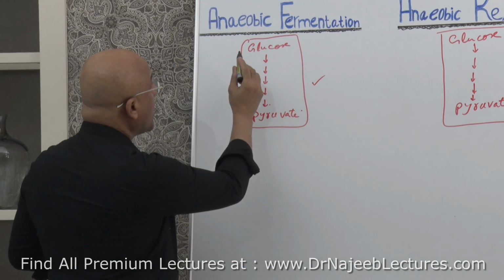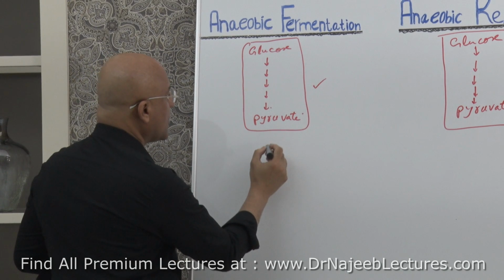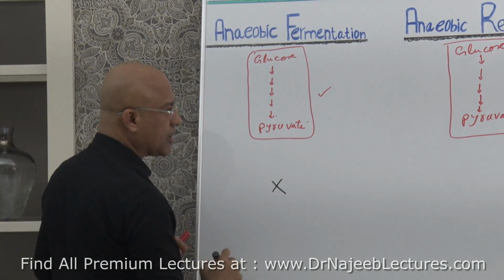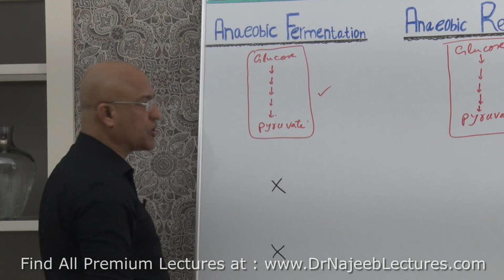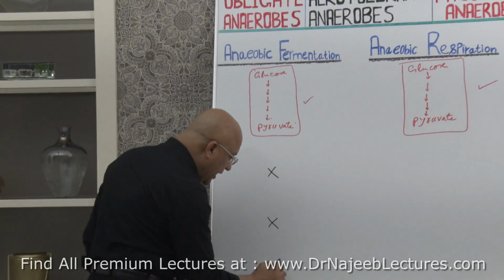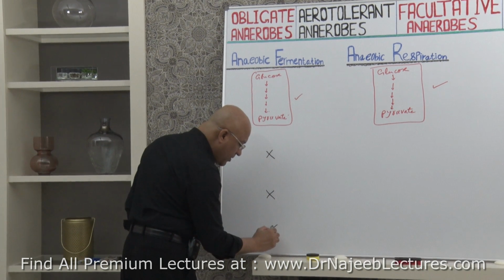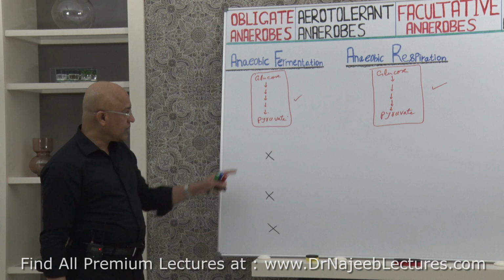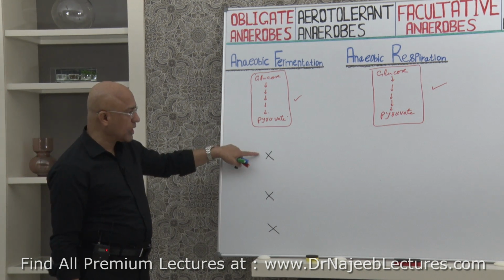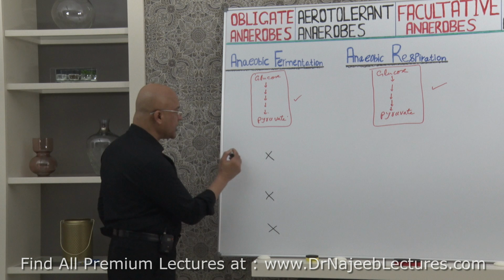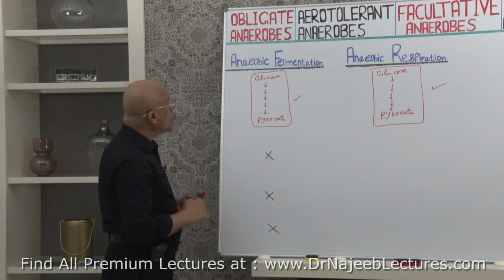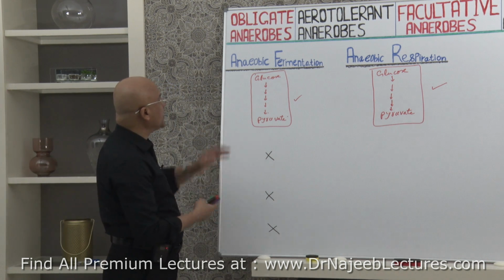In case of anaerobic fermentation, there is no Krebs cycle. There is no electron transport chain, and as a final electron acceptor, oxygen is not used, right? No Krebs cycle, no electron transport chain, and no utilization of oxygen as a final acceptor. So what happens in anaerobic fermentation?